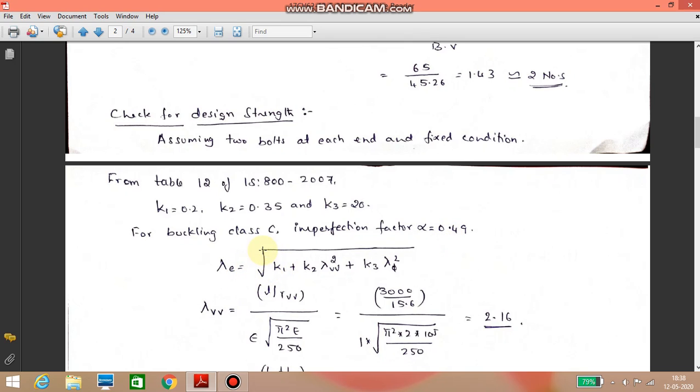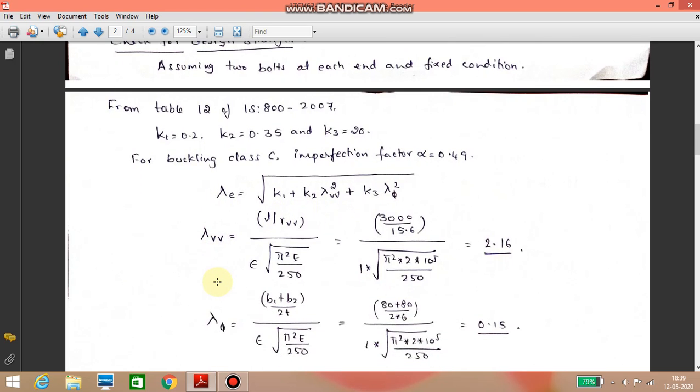the lambda e equal to square root of k1 plus k2 lambda vv square plus k3 lambda phi square. Now we need to calculate lambda vv and lambda phi. Lambda vv equal to L divided by r_vv divided by epsilon into square root of pi square E divided by 250. Epsilon is equal to 1, that is nothing but square root of 250 divided by fy.